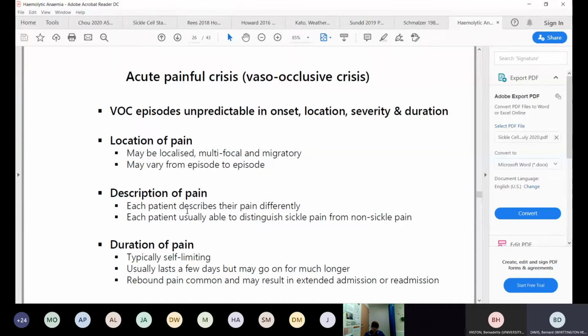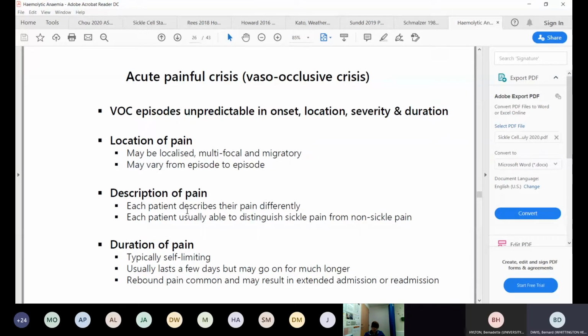Now, I've mentioned this already. There is no one specific description of sickle pain, and every patient will describe their pain differently. What's important for you to recognize is this, that nearly every patient that I've looked after is usually able to distinguish for themselves what is sickle pain from what is not sickle pain.